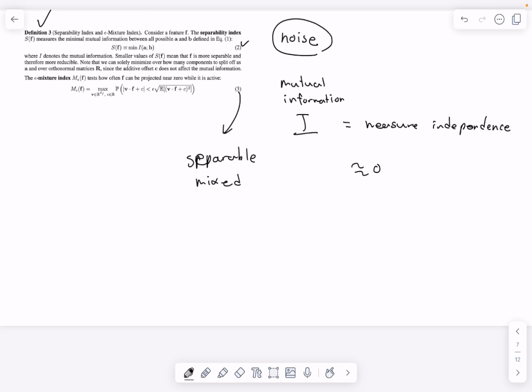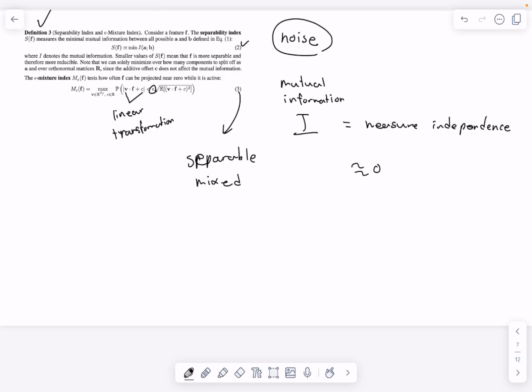If it finds V and C, which are linear transformations of the multidimensional features F, so that the transformed value is close to a small threshold epsilon, then it measures the frequency of the linear transformation values, the vector value.